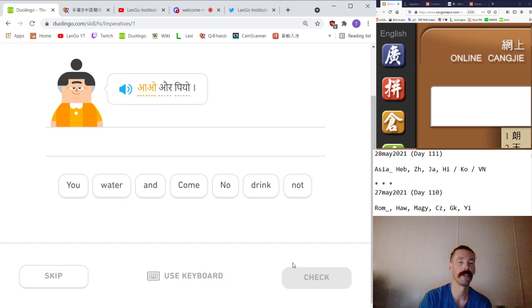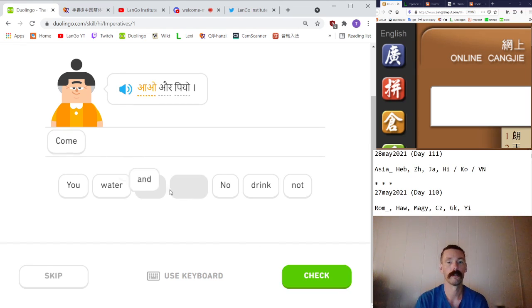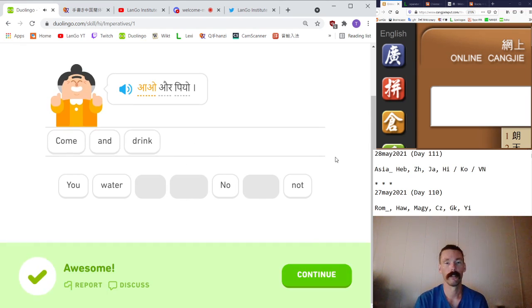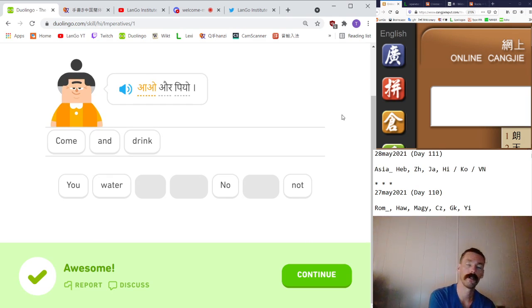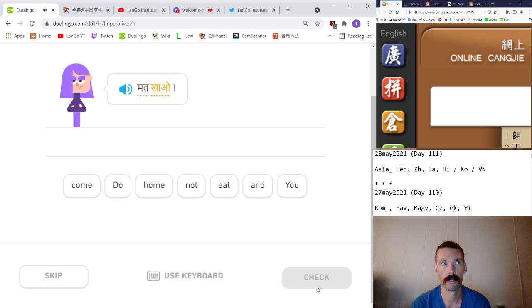This is a nice one. I think I just did this level like a week or two ago. Oh, nice. Actually, imperative, what is the marker of the imperative in Hindi? O or yo. मत खाओ. That's a good question.